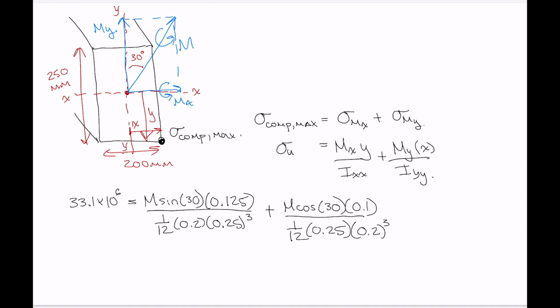Cube that. And out from that pops what the maximum moment can be before failure occurs. So that comes out to be 43.5 kilonewton meters. Okay, so that's all there is to it when you talk about off-axis moments.